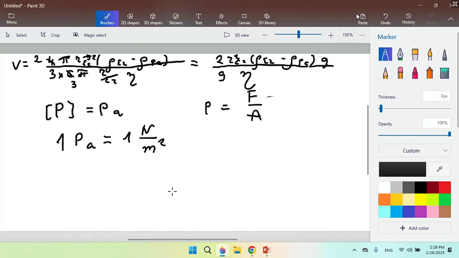What is hydrostatic pressure? Pressure due to a force. What force produces hydrostatic pressure? The weight. So hydrostatic pressure is due to the weight of the liquid column.